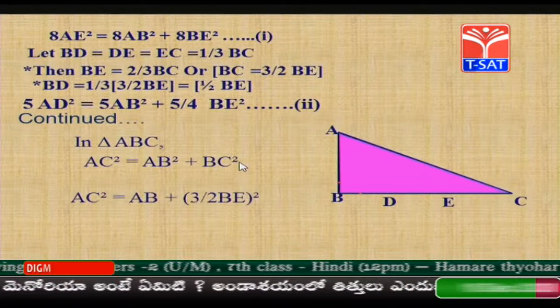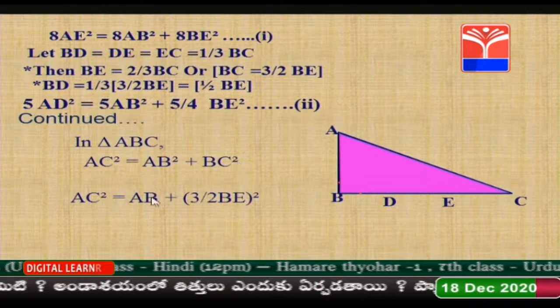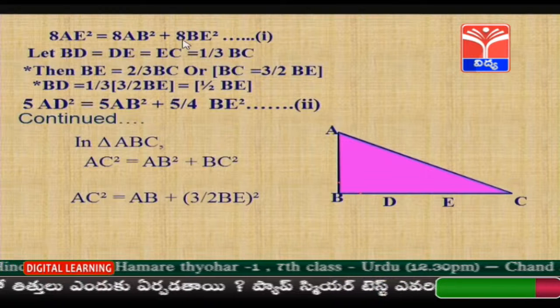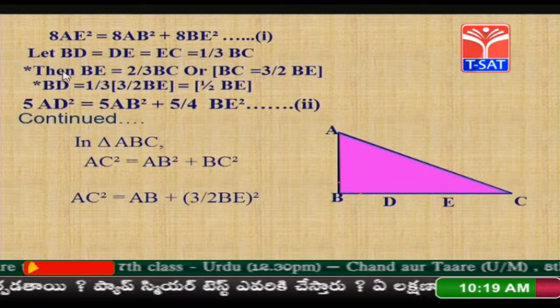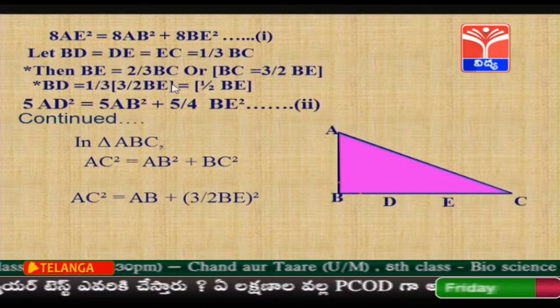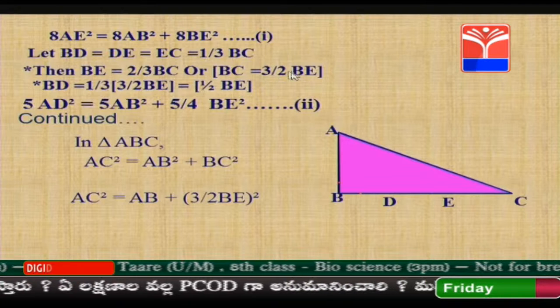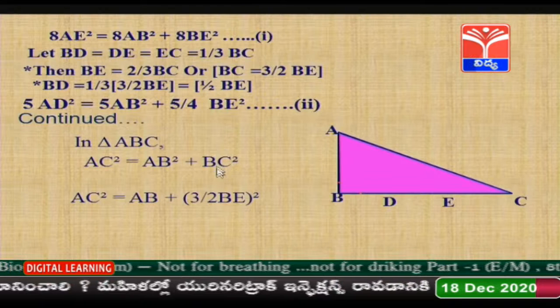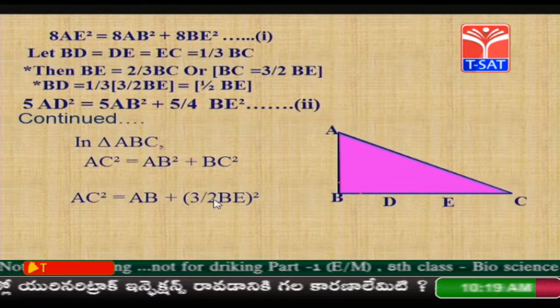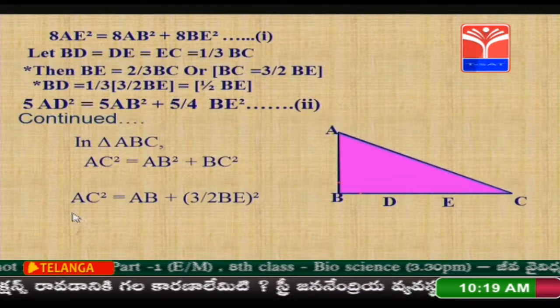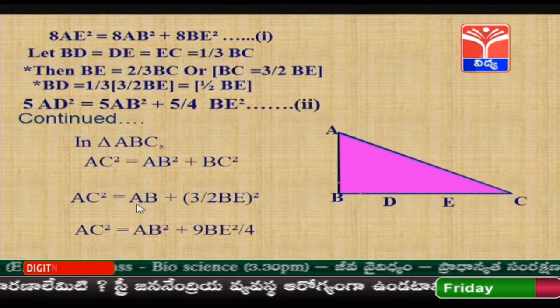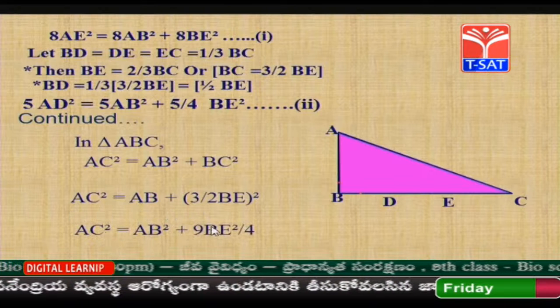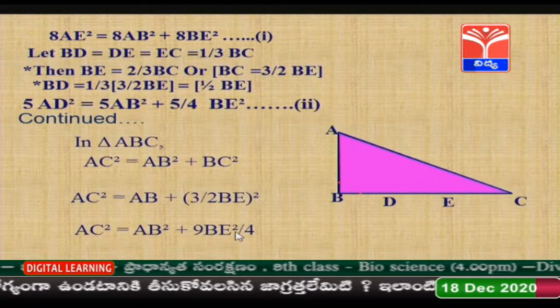Just now I showed you BC as 3 by 2 BE. I have substituted BC is equal to 3 by 2 BE here. Now, after simplification it became AC square is equal to AB square plus 9 by 4 BE square.